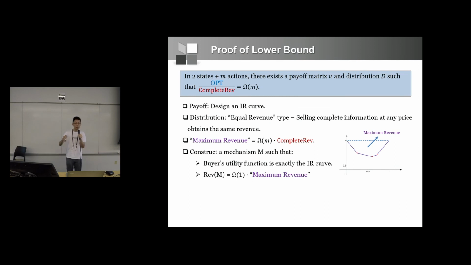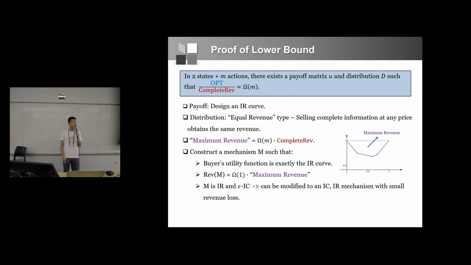So you might be able to see that this mechanism already satisfies the IR constraints as well as the standard IC constraints because the R curve is convex. But we still have to prove that this mechanism also satisfies the sigma IC. That's actually the main challenge.